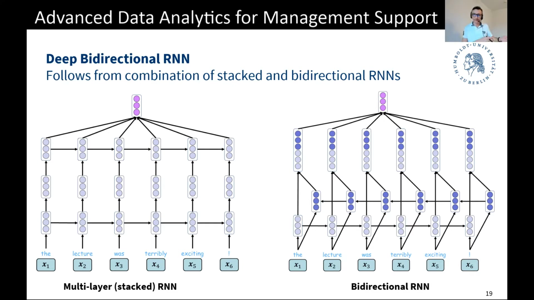You have the forward RNN, which for each token that you input gives you a hidden state. You have the backward RNN, which also gives you a hidden state for each token that you input. And then you just concatenate these two hidden states. And that's your full hidden state in the bidirectional RNN.